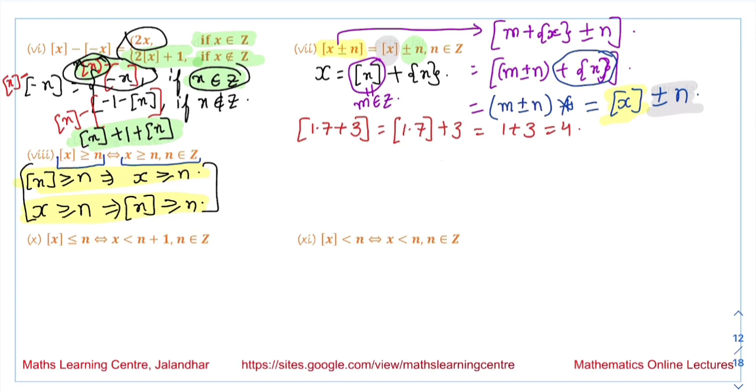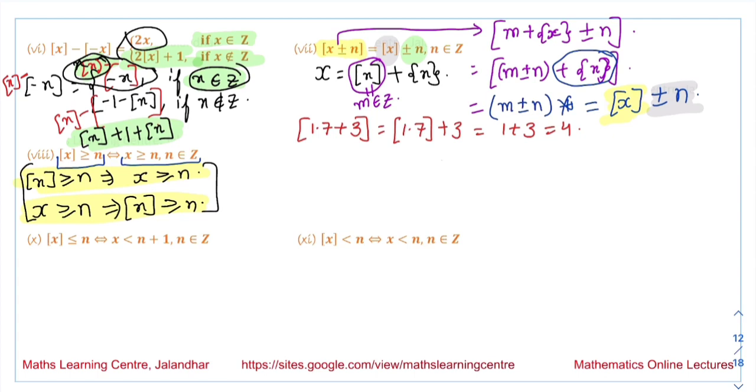Now the next part: if greatest integer of x is greater than n, then this implies that x is greater than or equal to n plus 1. And for the converse, if x is greater than or equal to n plus 1, then this implies that the greatest integer function of x is greater than n.